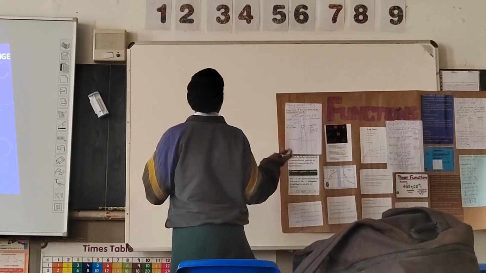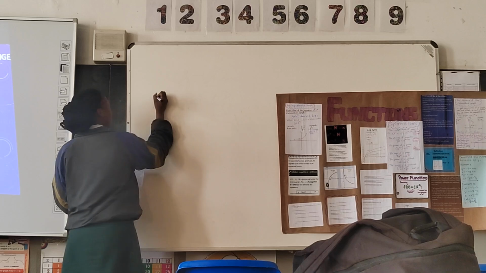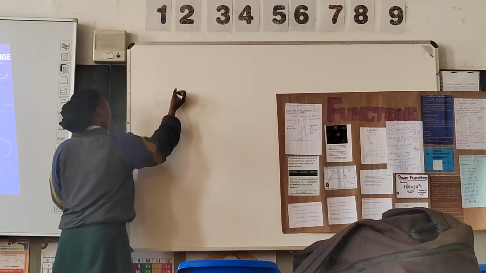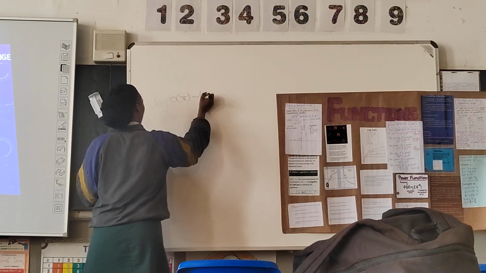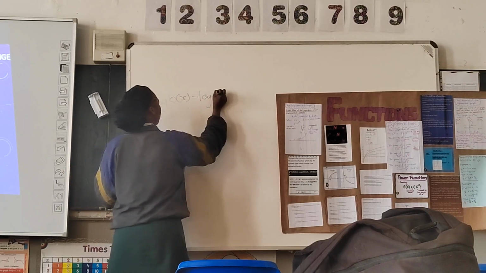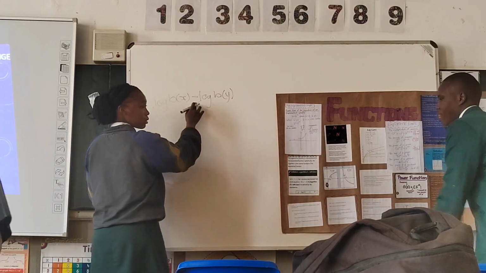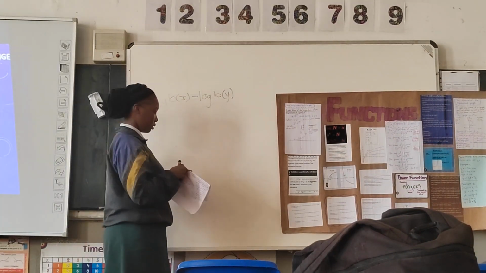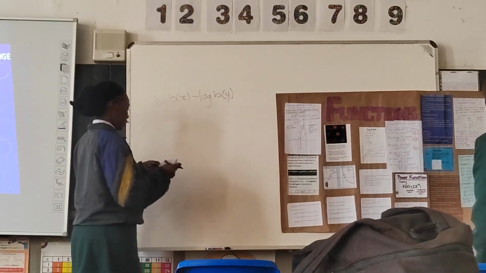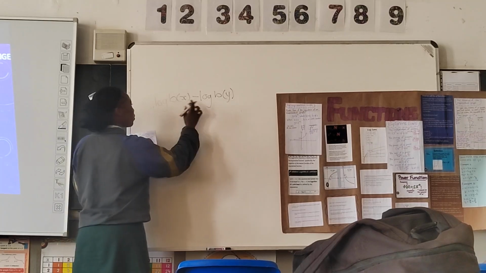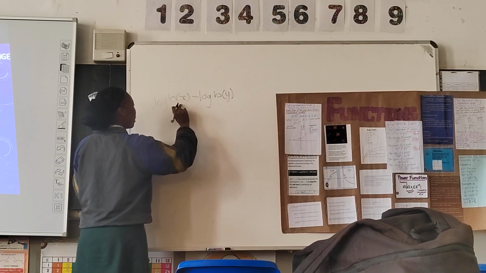The first one that I'm going to do is the quotient law. It is log base b of x minus log base b of y, whereby since we are subtracting with the same base, we're going to divide the variables.